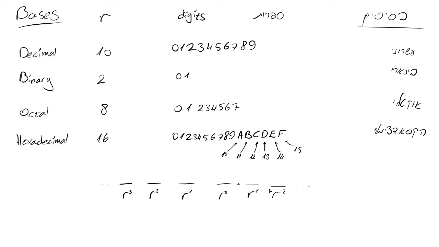And the same can be said about after the point. It will be fractions. That would be half, fourth, eighth, 16th, and everything after that. That is in comparison to the decimal, which would be 1/10, 1/100th, and 1,000th, and everything after that. And that applies to the other bases as well.